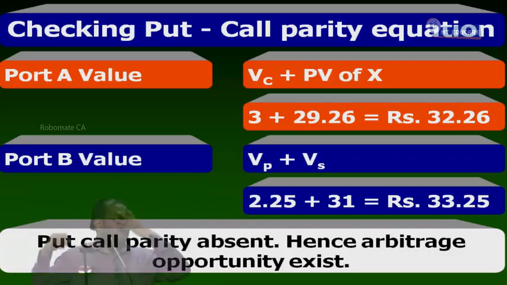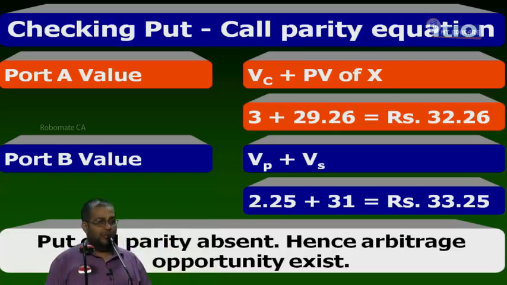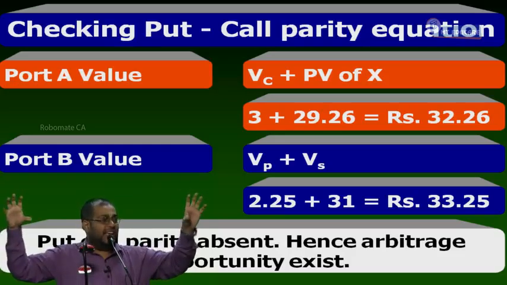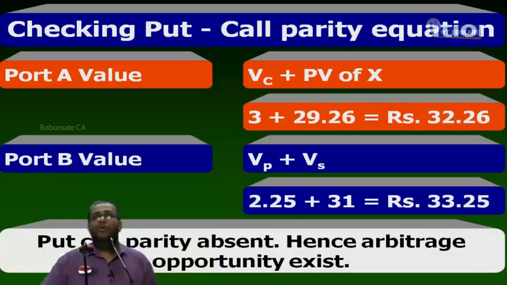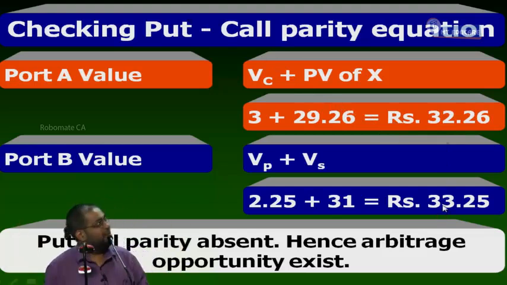I have 2 portfolios. What is a portfolio? Group of assets. I have 2 portfolios, A and then what? B. Look at this and tell me, A is undervalued, B is overvalued.